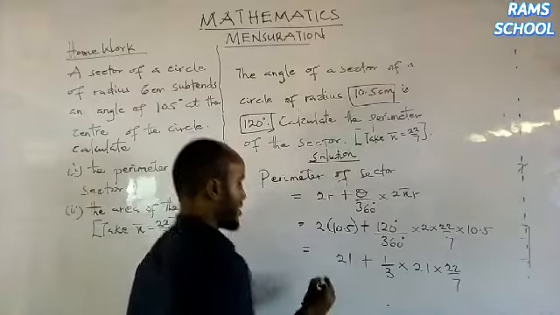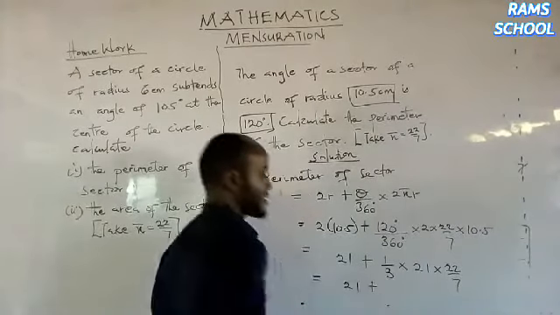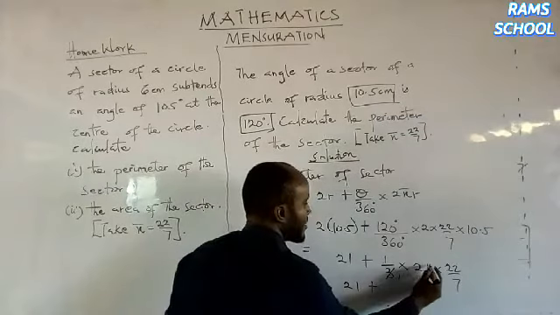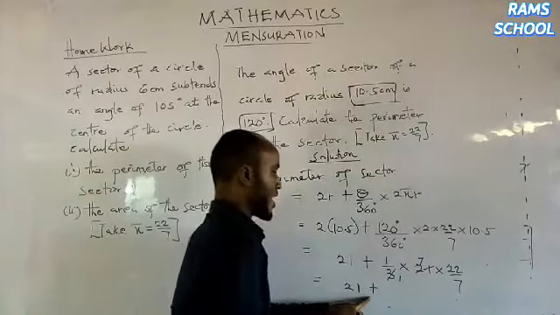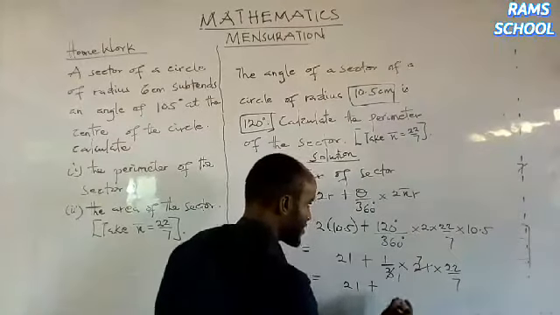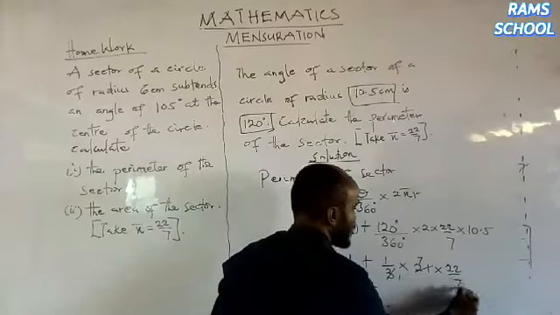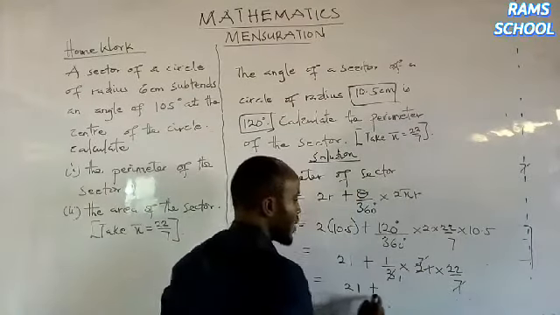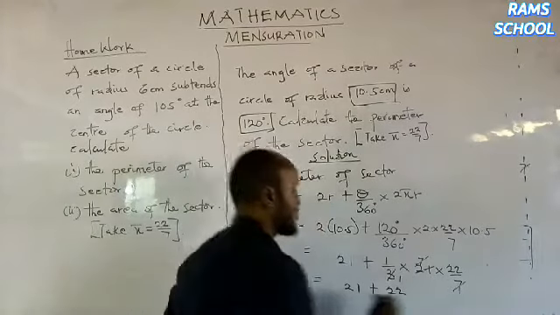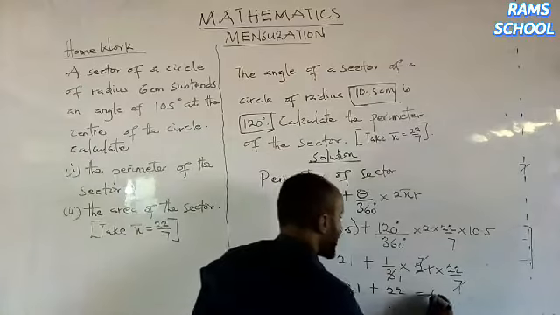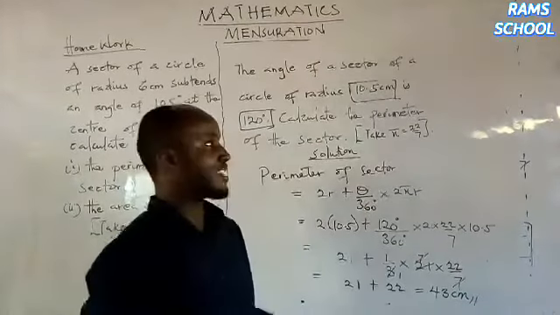So it becomes very simple to evaluate. So we get 21 plus, now 3 can divide itself 1, and divide 21 here, 7. So we get 21 plus 1 times 7, which is, okay, we can even cancel out here. The 7 and 7 cancel out. So we get 21 plus 1 times 22, which is 22, giving us a final answer of 43 centimeters. That's how the word problem is.